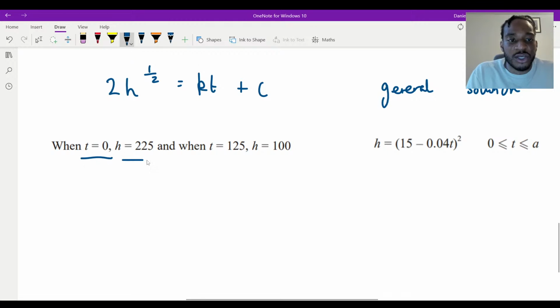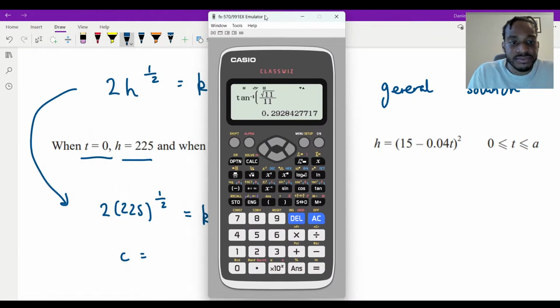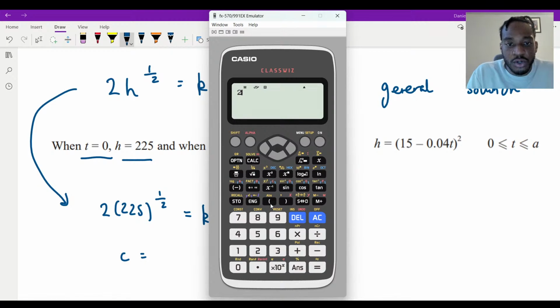So firstly, when t equals 0, h equals 225, I'm going to plug that into this equation. That will give me 2 lots of 225 to the power of a half is equal to k lots of 0 plus c. So c is going to be equal to whatever this is, and I'll put this into my calculator. 225 to the power of 1 over 2, and that gives me 30.